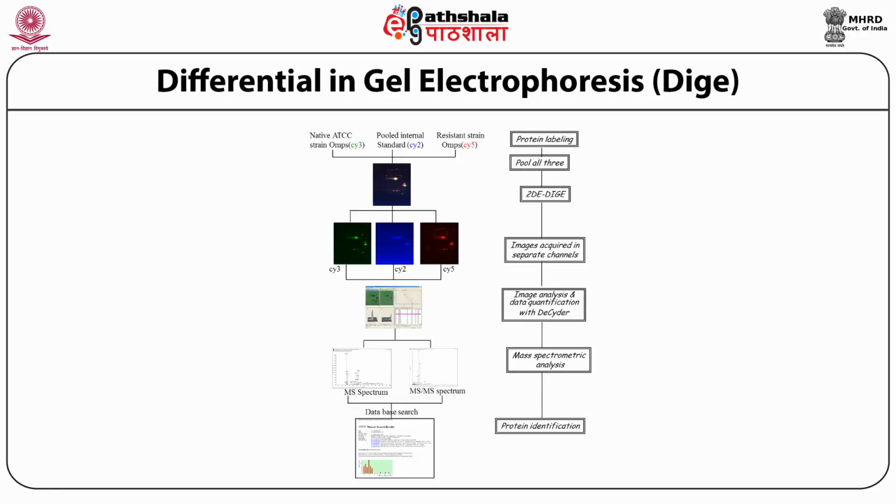After that, images are acquired in separate channels, which is followed by image analysis and data quantification with the help of DeCyder. The protein spots are chosen on the basis of differential expression, and then they are further taken for mass spectrometry analysis, which may be followed by protein identification using bioinformatics technologies.